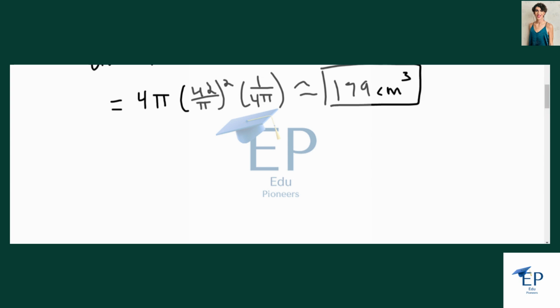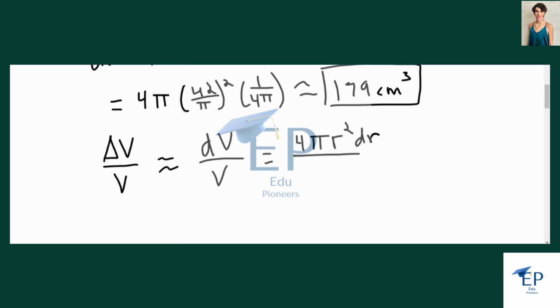And then we want to use a similar approach to what we did last time, where delta V over V is approximately the same thing as dV over V. And that would be then the equation 4 pi r squared dr over the volume equation, which we know is 4 over 3 pi r cubed.